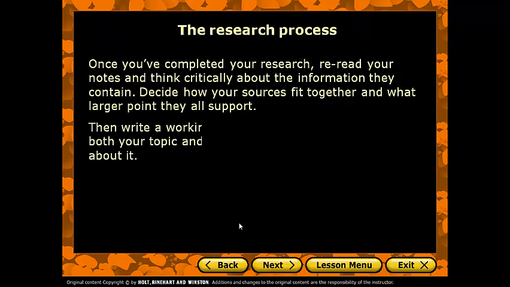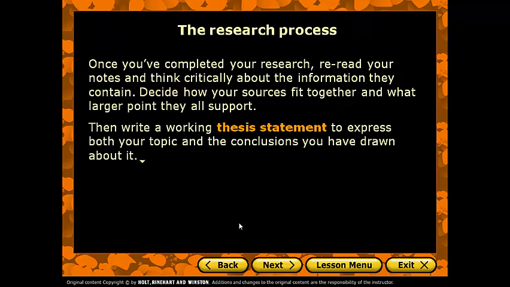And then you're going to write a working thesis statement. You may change it in the process, but this is something that you're going to start out with before you write. Write a working thesis statement to express both your topic and the conclusions that you've drawn about it.